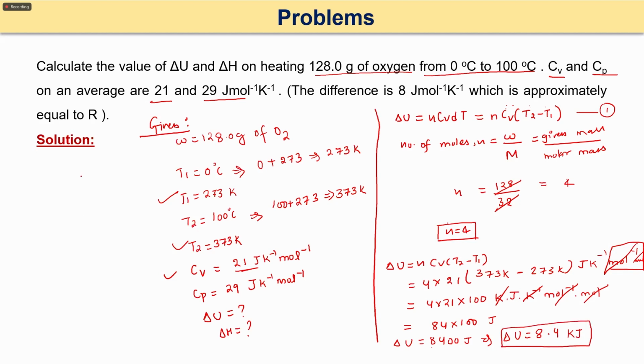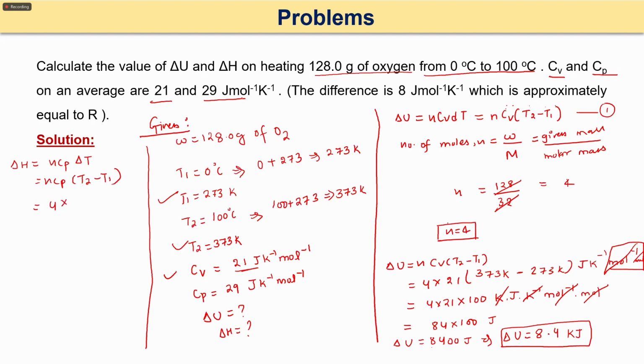Now let us calculate the value of change in enthalpy. Change in enthalpy is nothing but n Cp into T2 minus T1. We already know n is 4.